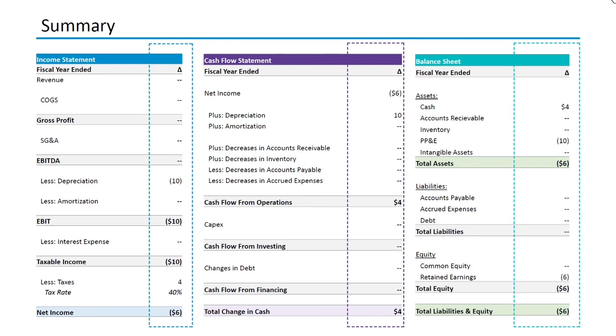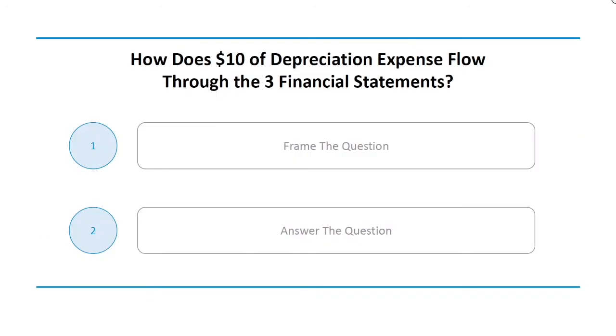Now on the other side of the balance sheet, retained earnings decreases by $6 because, as we outlined in the income statement, net income decreased by $6, causing our balance sheet to balance out at -6 for total assets and -6 for total liabilities and equity. And that's how you flow through $10 of depreciation expense through the three financial statements.